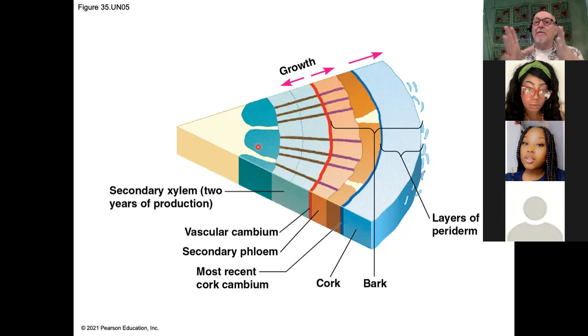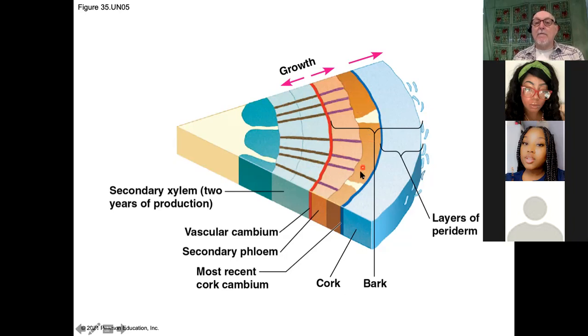That was the primary growth that produced those, and the cambium that produced it was called the procambium. The procambium is replaced by the vascular cambium, which extends in a ring between the original vascular bundles, and it begins to produce these cylinders of growth.